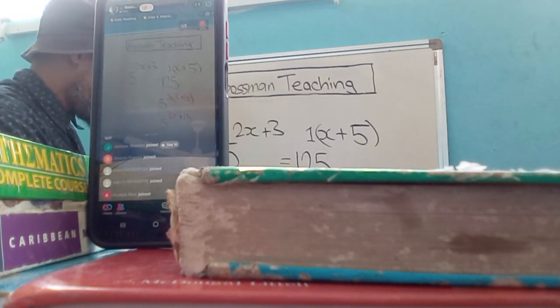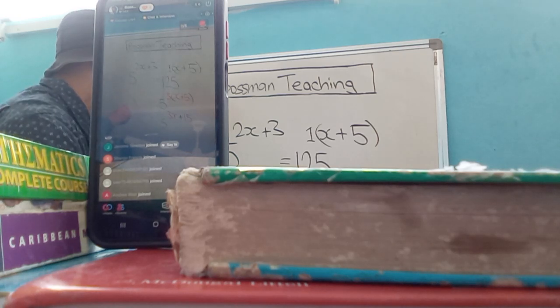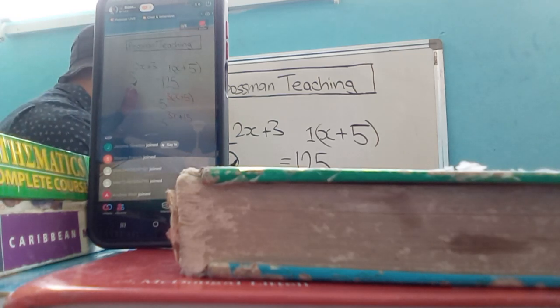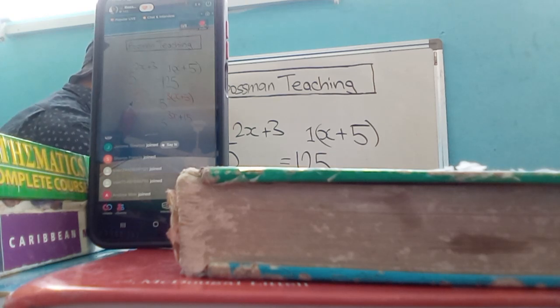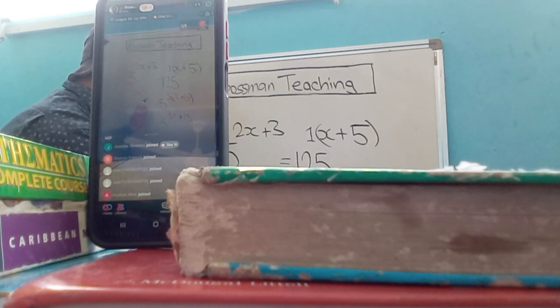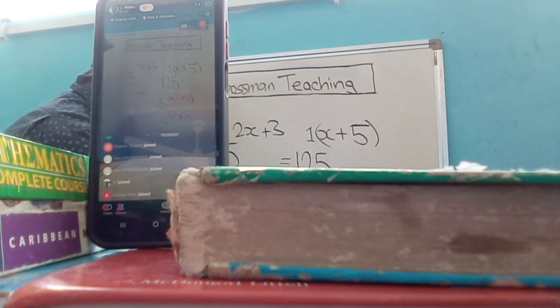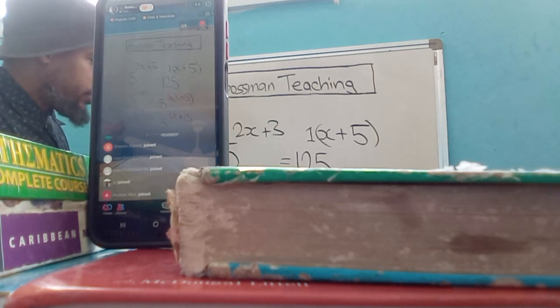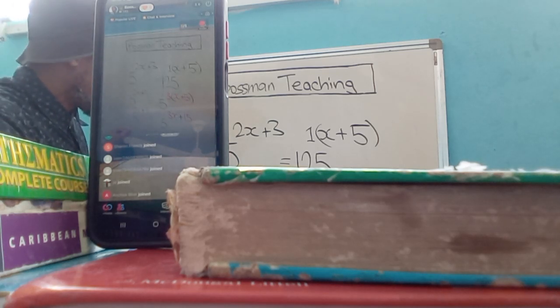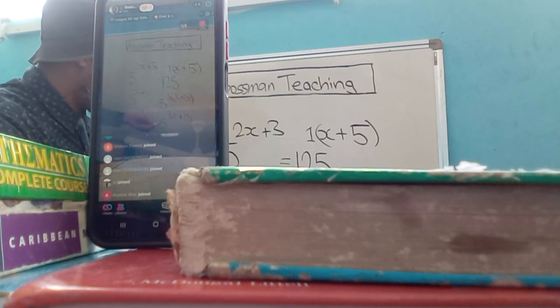Now, this over here will change. So it will be 2x plus 3. Oops. 2x plus 3. So then the only thing left to do is just forget about the 5 and the 5.